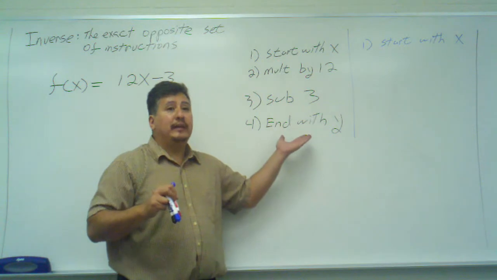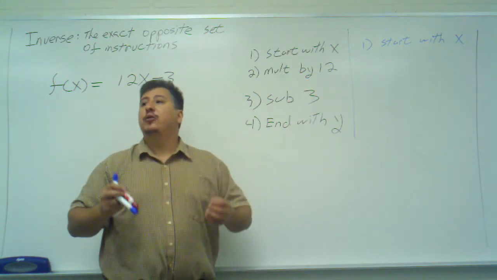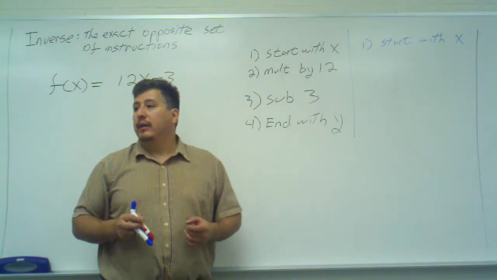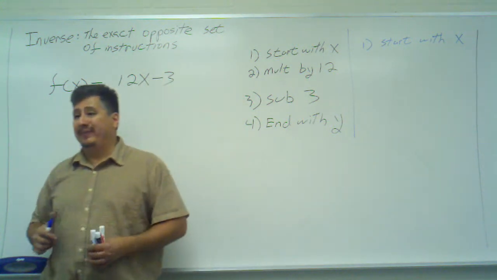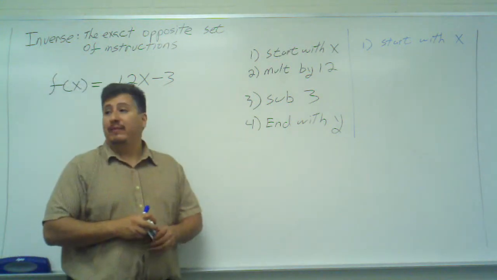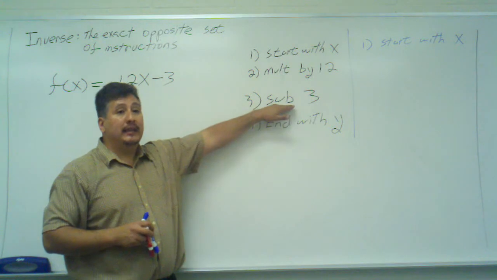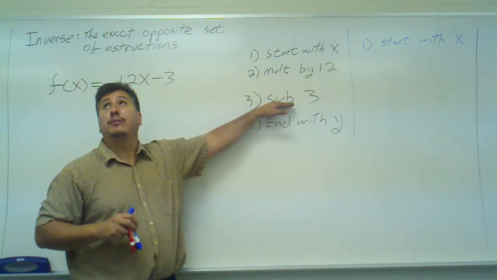So with that, to go backwards, I have to undo what I just did. So, the very first thing I need to undo is what? Last thing I did to get there was subtract 3, exactly.